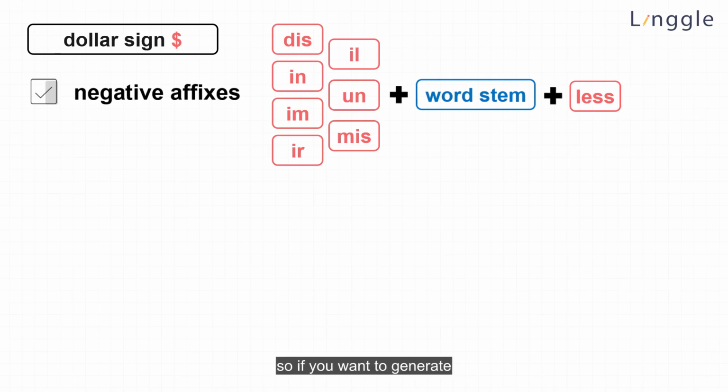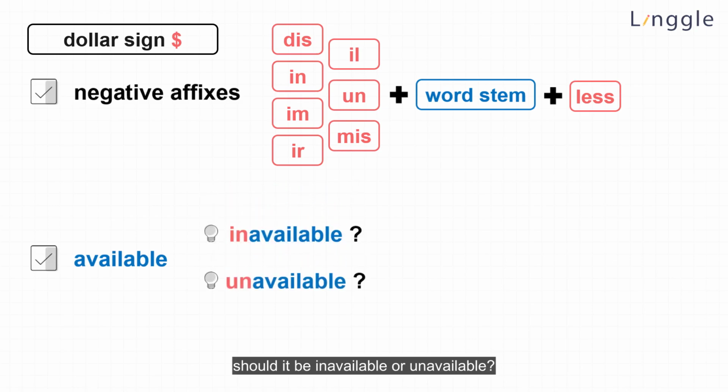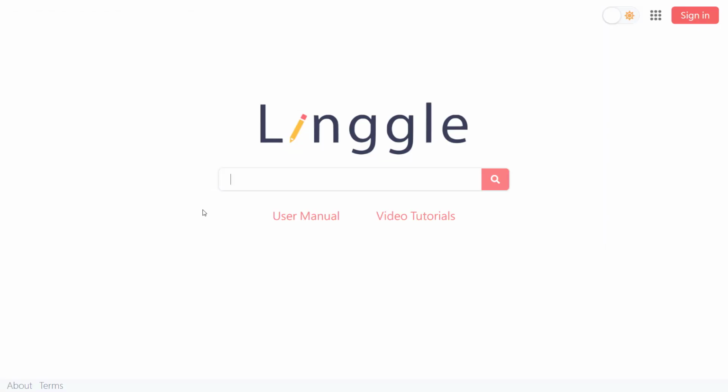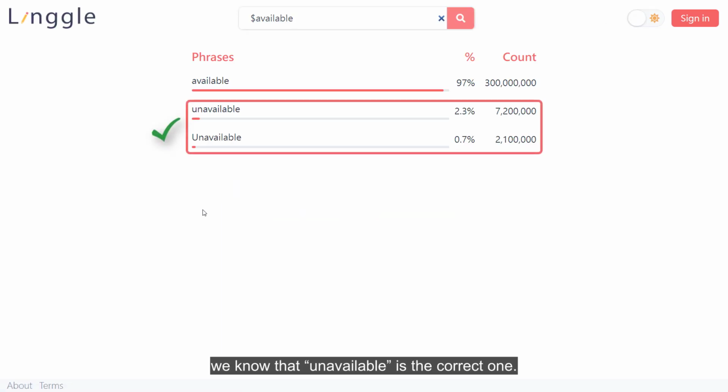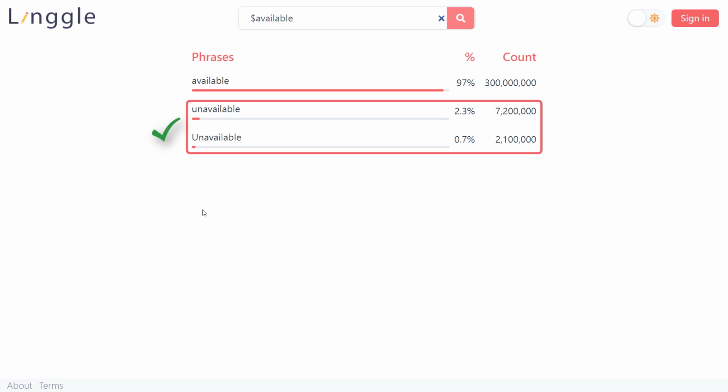So if you want to generate the antonym of a certain word, for example, available, you might not be too sure which prefix to use. Should it be inavailable or unavailable? Linggle can help with this. From the Linggle search results, we know that unavailable is the correct one.